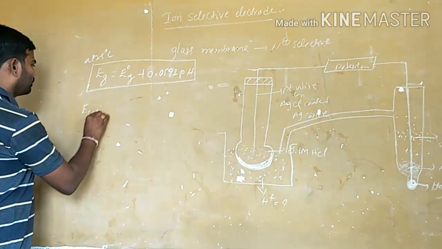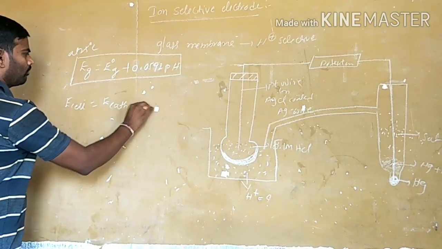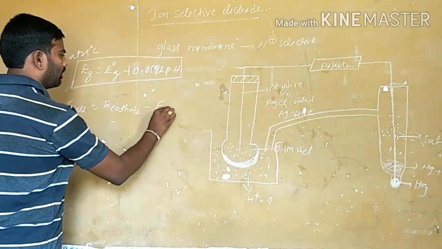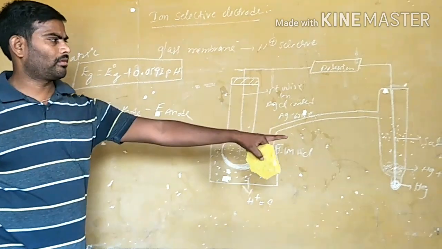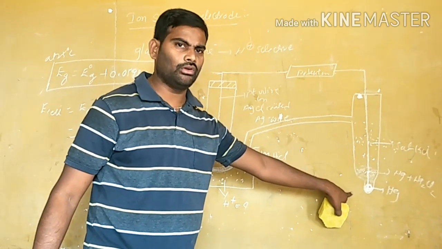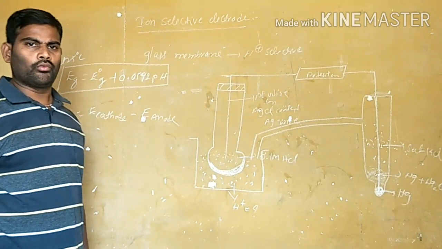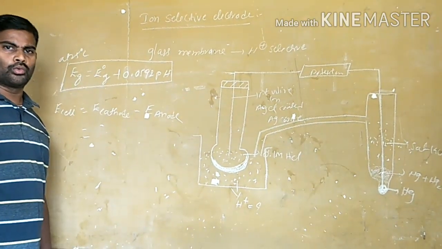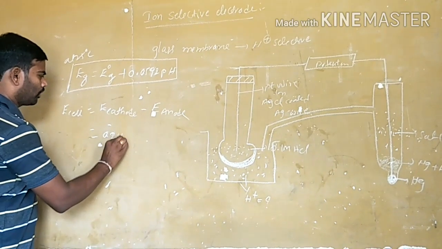is equal to E cathode minus E anode. Here the cathode is the reference electrode, the right side electrode, which is the saturated calomel electrode. I already gave the potential value for the saturated calomel electrode, which is 0.2422.